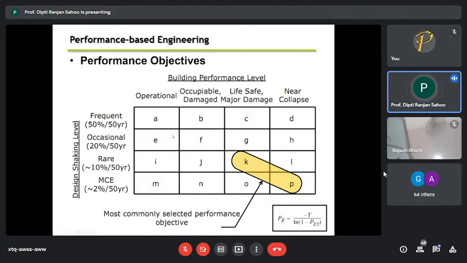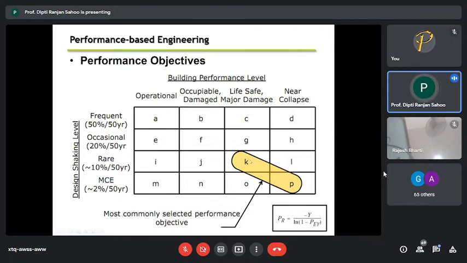So from this table, performance-based design has actually evolved. What we mostly select for residential structures: if there is a rare earthquake, which has a 10% probability in 50 years, the structure should be life safe.